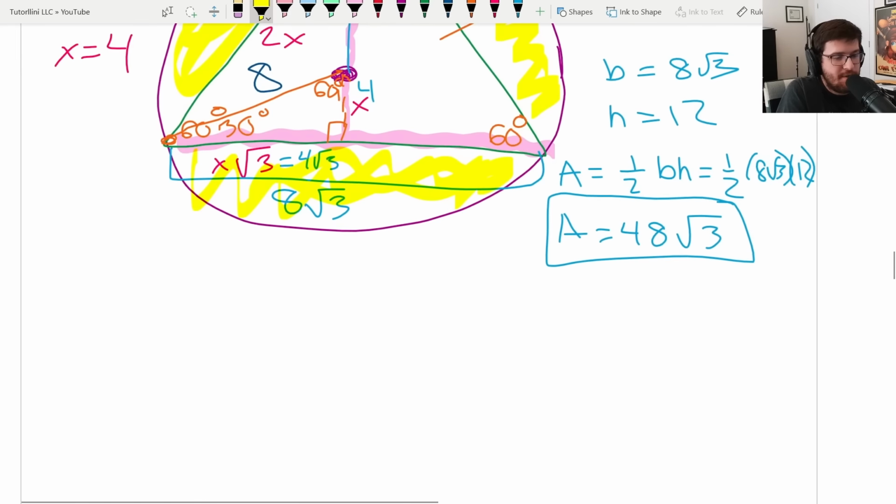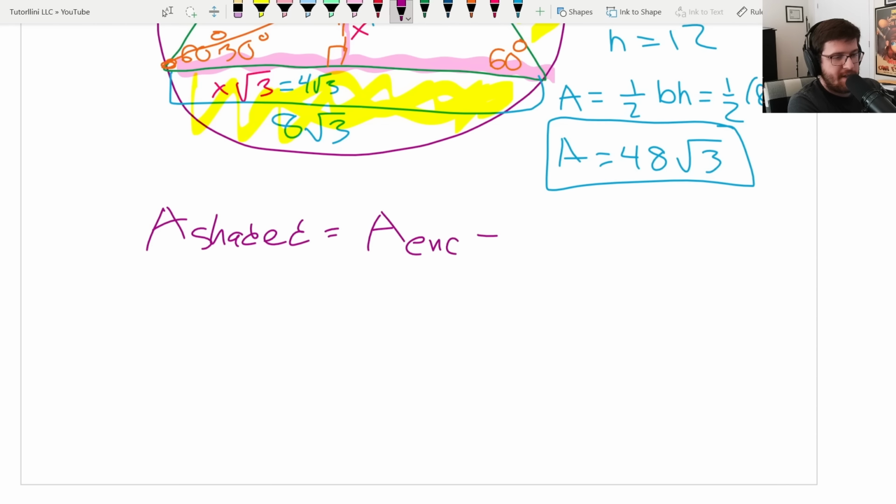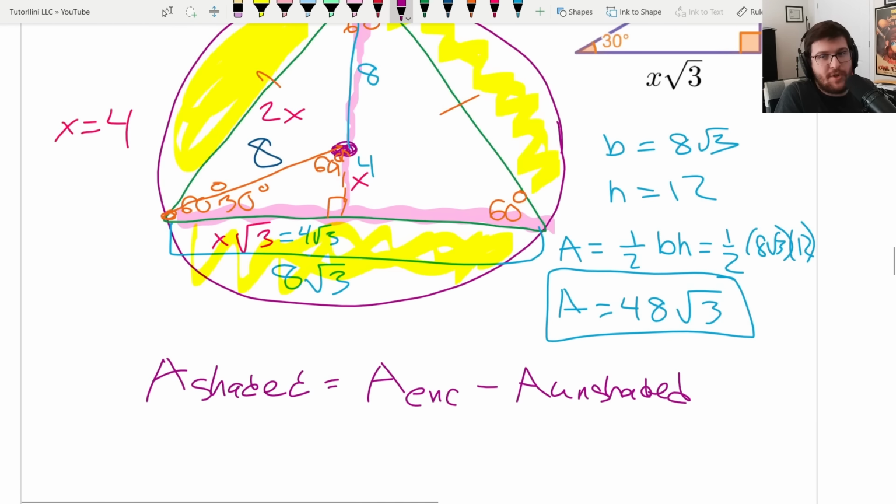So what we're going to do for any question like this is, the area of the shaded region is equal to the area of the enclosed area minus the area of the unshaded region, which is in this case the triangle. So if we find the area of the circle, we're basically done.